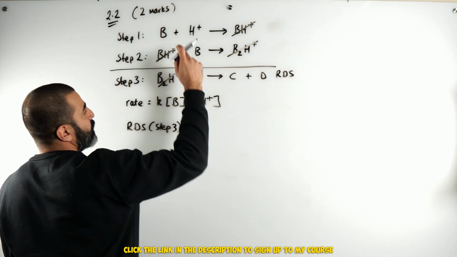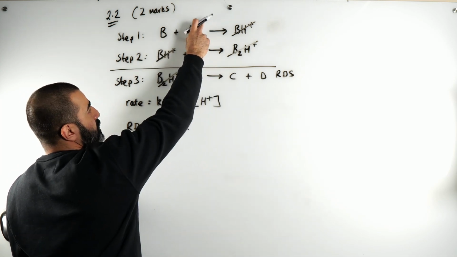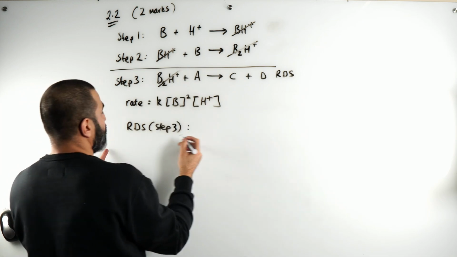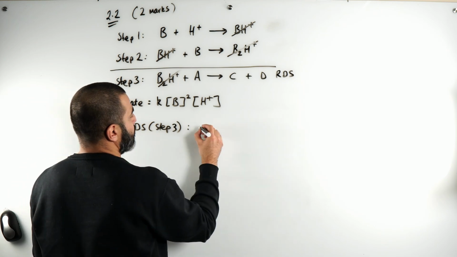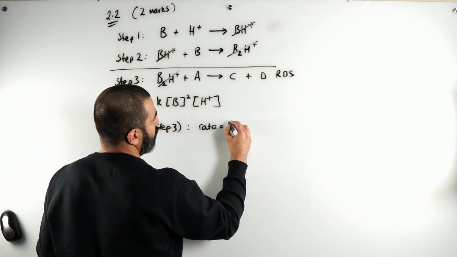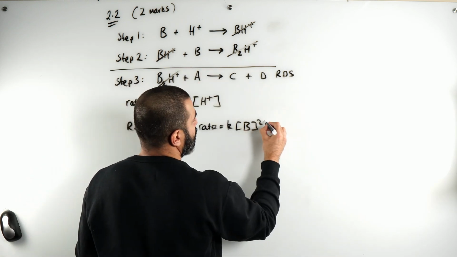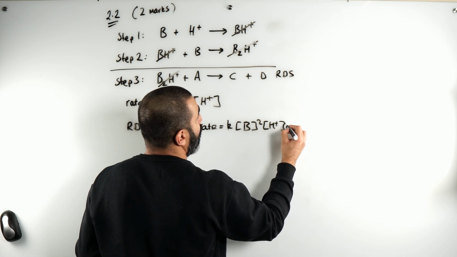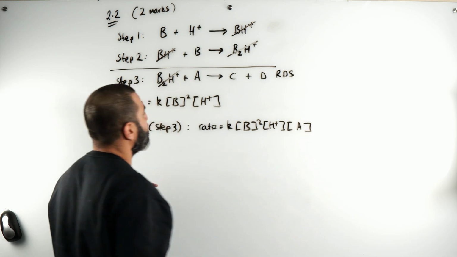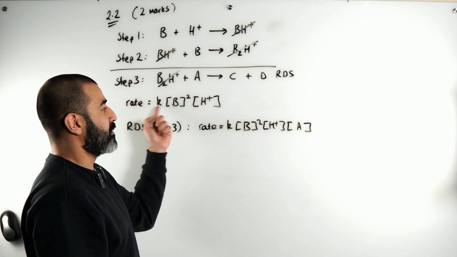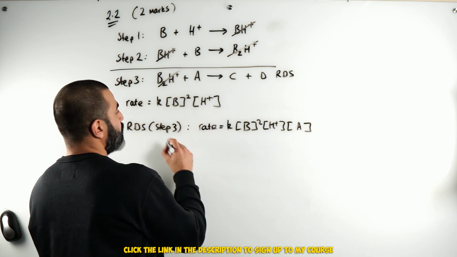So what we're saying here is we've got 2 moles of B reacting, 1 mole of the hydrogen ions, and 1 mole of A. So our rate equation, if we'd picked step 3 as the RDS, would be k [B] squared, which is consistent, the hydrogen ion concentration raised to the power of 1, but we've also got 1 mole of A. But we know from experiment that A doesn't affect the rate because it doesn't appear in the rate equation. So step 3 is not consistent with our rate equation, so this cannot be.